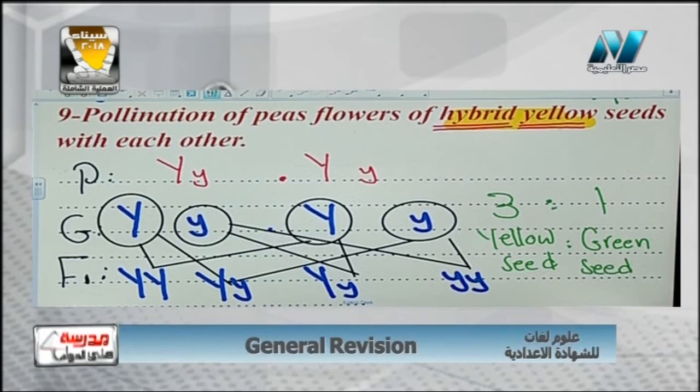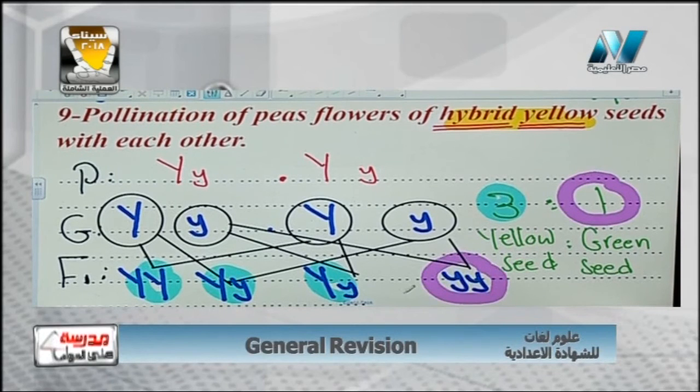Okay, يبقى the ratio is 3 yellow seed as 1, 2, 3, and 1 only is what? Is green seed. 3 to 1 in the second generation as Mendel's first law we have as law of segregation.